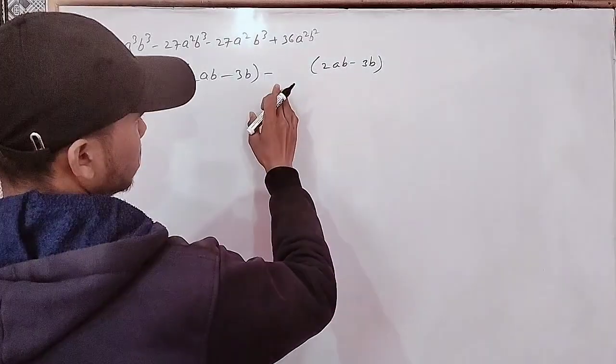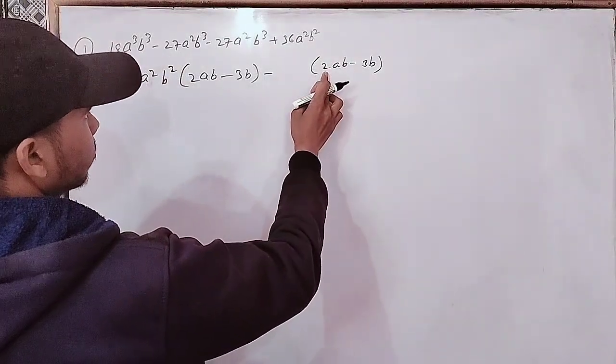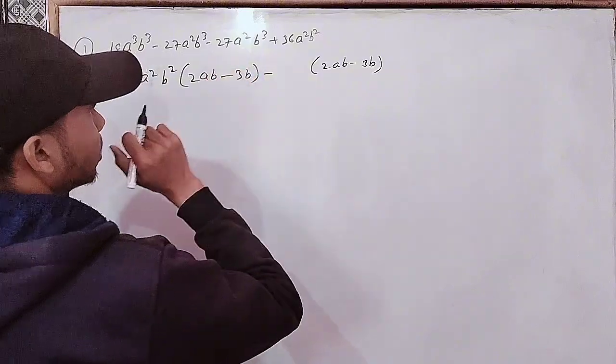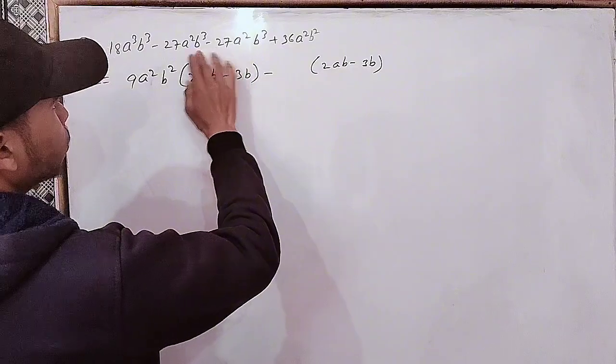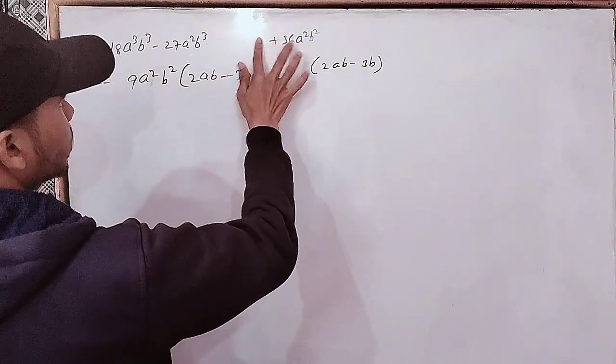So here 9, then here 27. Here is a 27. Here is a 27. Is it right? No. I have written this 2 times.